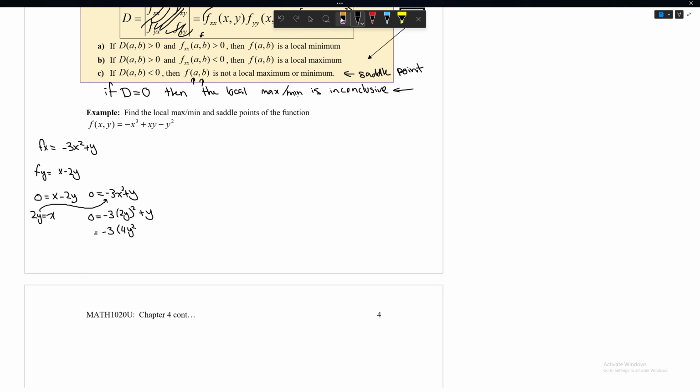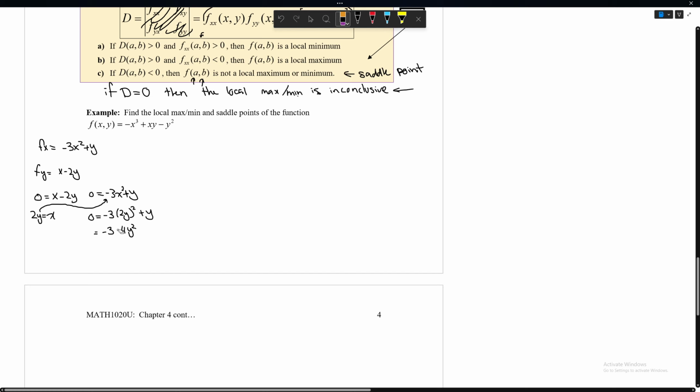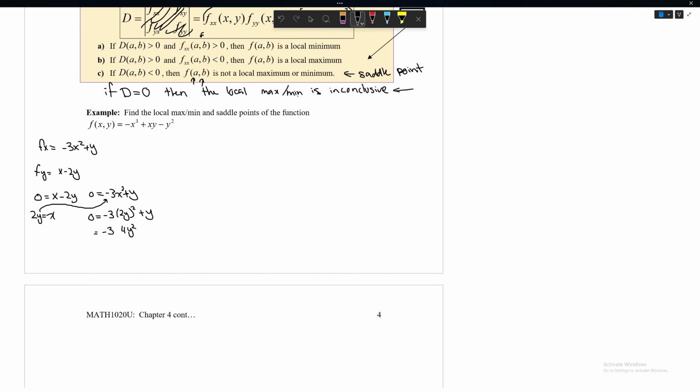I don't need this bracket here, so let's get rid of it. Times plus y. Then I get negative 12y squared plus y. Now I'm going to pull a y out, and what I'll get is y times negative 12y plus 1.